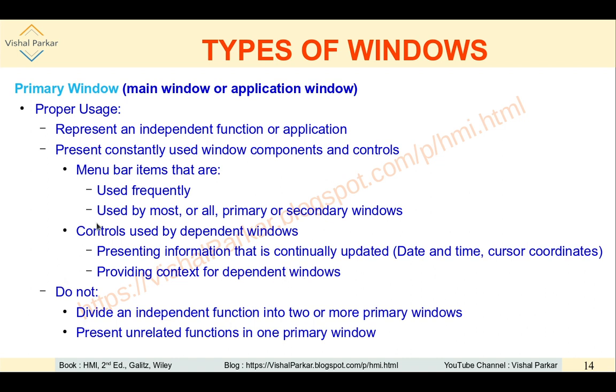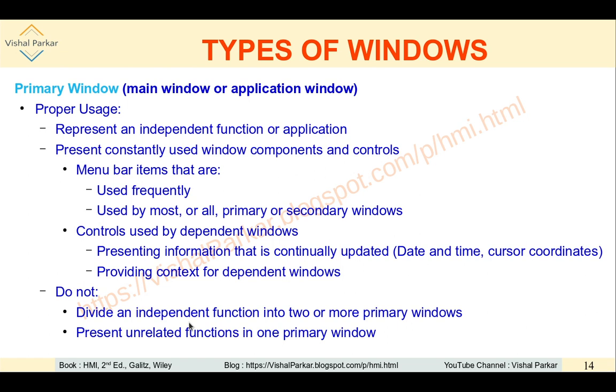Now, there are some functions or situations for which we should not be using primary windows. Do not use primary windows to divide an independent function into two or more primary windows. So, a function which is naturally one single function is not to be divided into two or more primary windows.